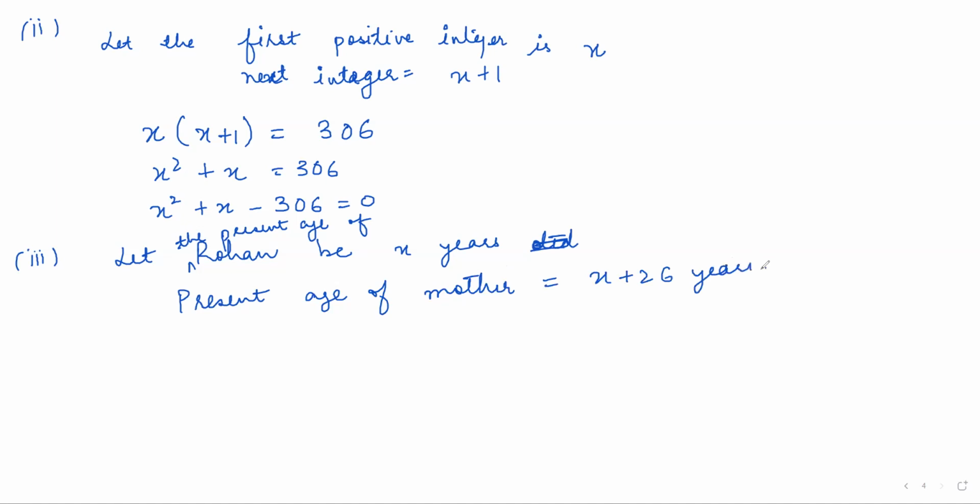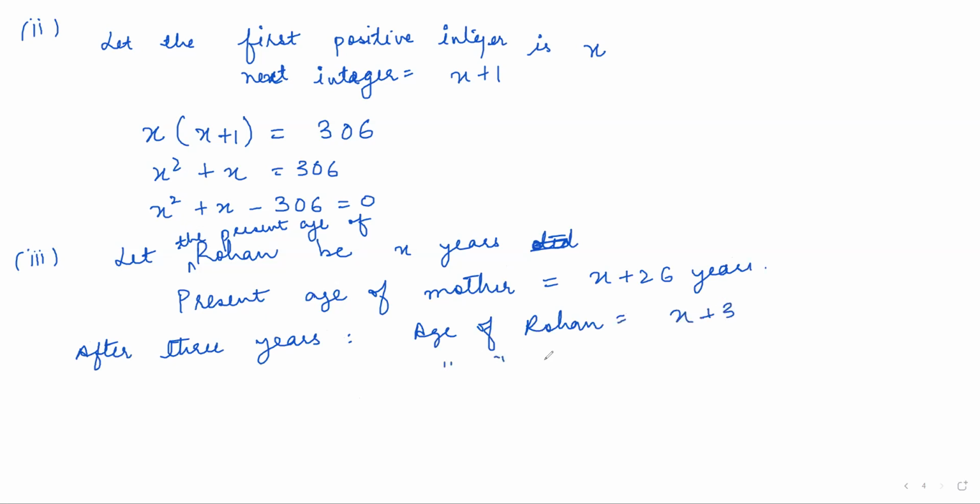Now, product of their ages 3 years from now. That means after 3 years. After 3 years, what will happen to the product of their ages? Okay, let us write age of Rohan. After 3 years, age of Rohan will be x plus 3, right?